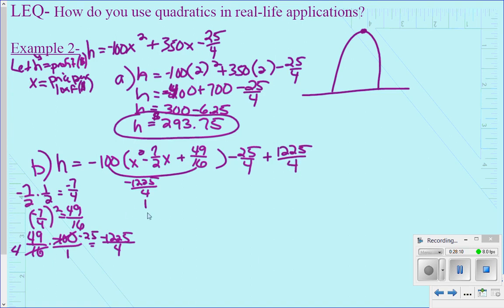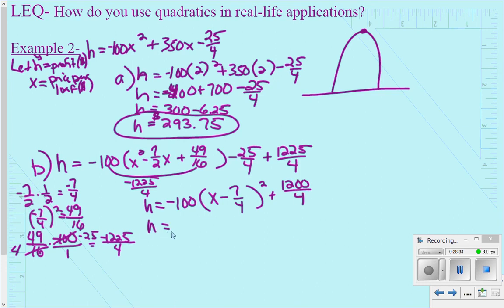So now I have y is equal to negative 100 in the front. I have a quantity squared. Remember, I go back to what I had before I squared, so that's x minus 7 fourths, and that's squared. And then 1225 fourths minus 25 fourths is 1200 fourths. And we'll simplify that in the next step.